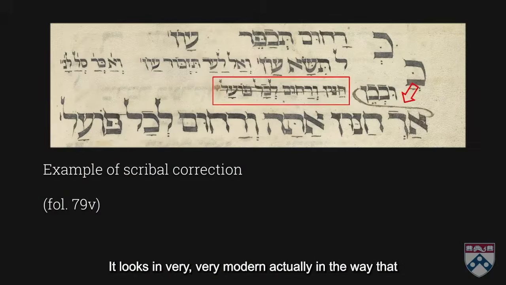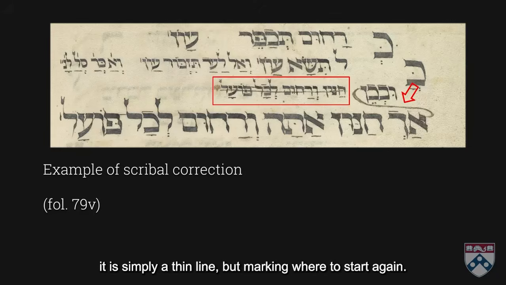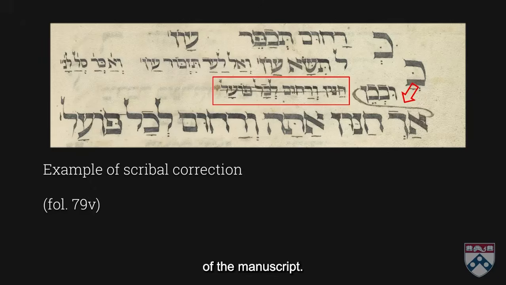It's looking very, very modern actually in the way that he's dealing with a manuscript. He's not crossing out, he's not erasing, he's simply drawing a thin line but marking where to start again. That is one of the most invisible changes actually of the manuscript.